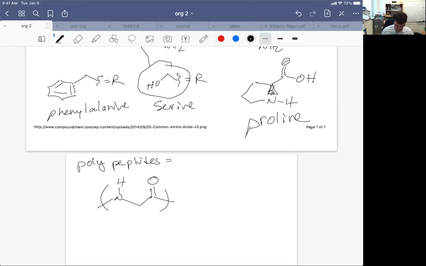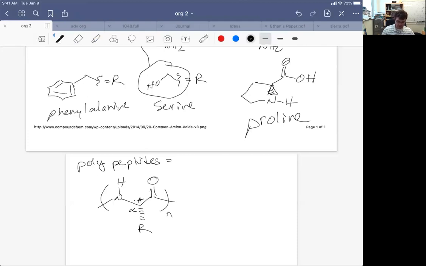The nitrogen has one H, and then we have our side chain. We'll get to that stereocenter in a moment, but this is our repeat unit for a polypeptide. So we have our alpha position, our amine, our carboxylate, and then our side chain hanging off the molecule that defines the identity of the amino acid.